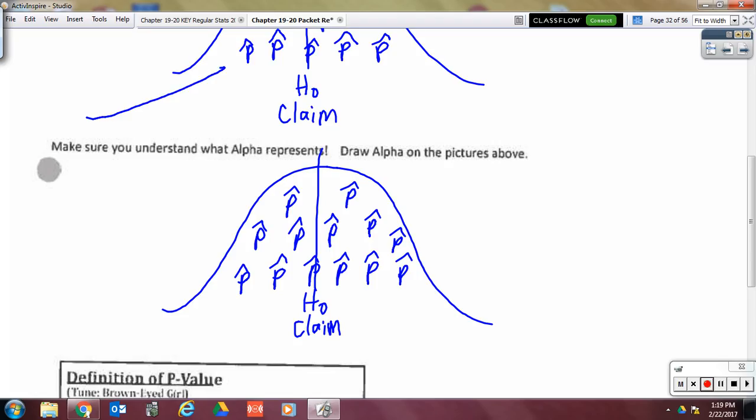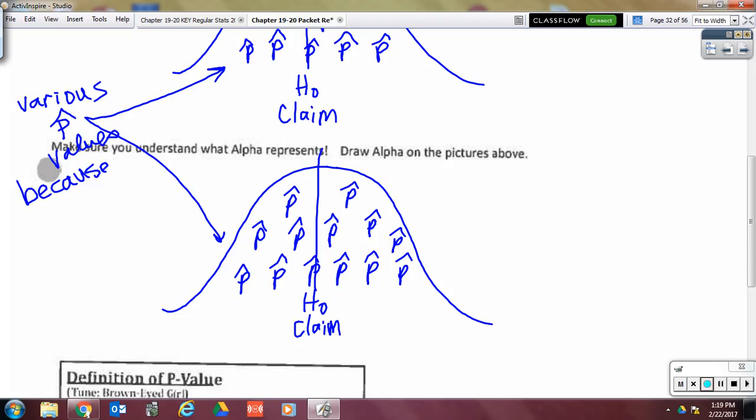So what happens is this. We all have various p-hat values because of this thing called sampling variability.